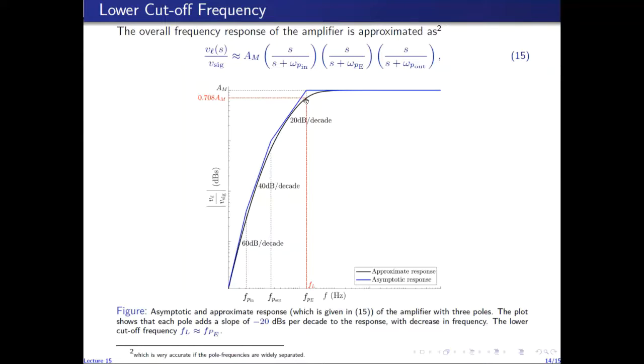The frequency at which that happens, by definition, is called the lower cutoff frequency or the 3 dB frequency. As you can see, we cannot differentiate between the lower cutoff frequency and the pole frequency due to CE. Since FPE dominates the other two, the lower cutoff frequency is very well approximated by the pole frequency introduced by the coupling capacitor CE.